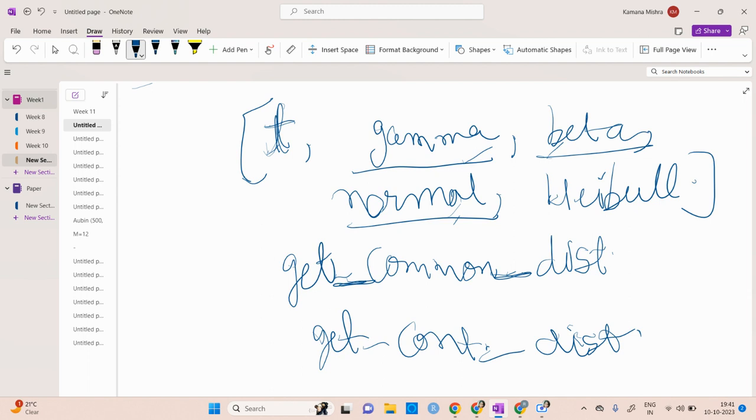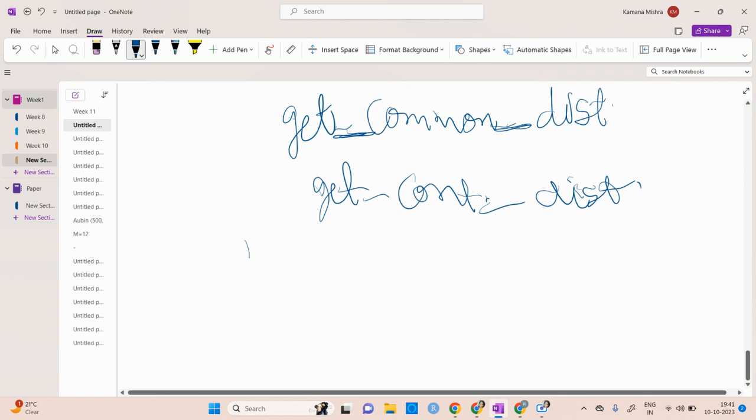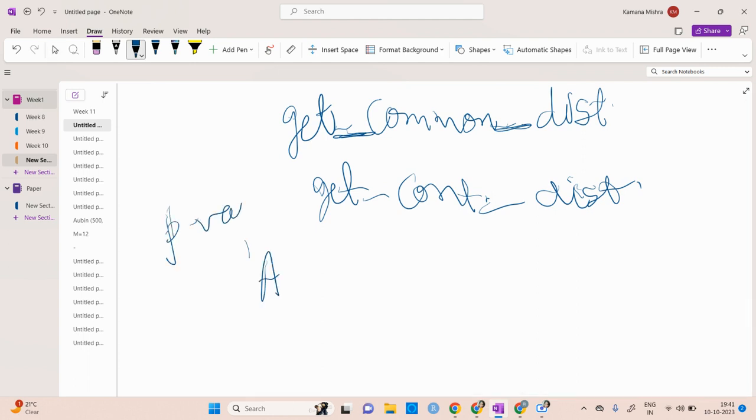Okay, so firstly we just fit, and then based on the KS test I think we see, and then based on AIC, BIC values, there are so many values. I don't remember exactly the full form of these, but then we go through these values. Firstly, we take the p value.